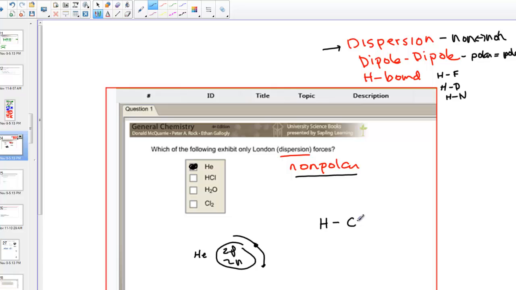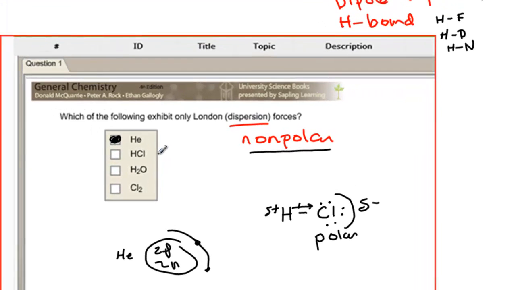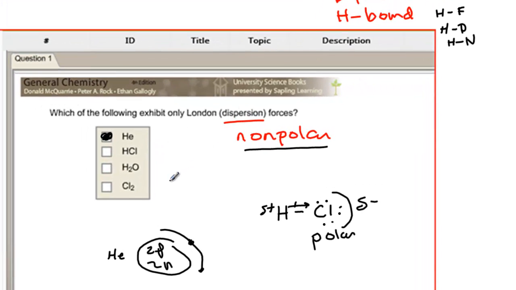HCl, with its Lewis dot, clearly shows that this is a polar molecule with the uneven distribution of electron clouds over here, creating a positive sign here. We could see this is clearly a more electronegative element, pulling the electron distribution on the chlorine. So this is polar. This would actually have dipole-dipole interactions.